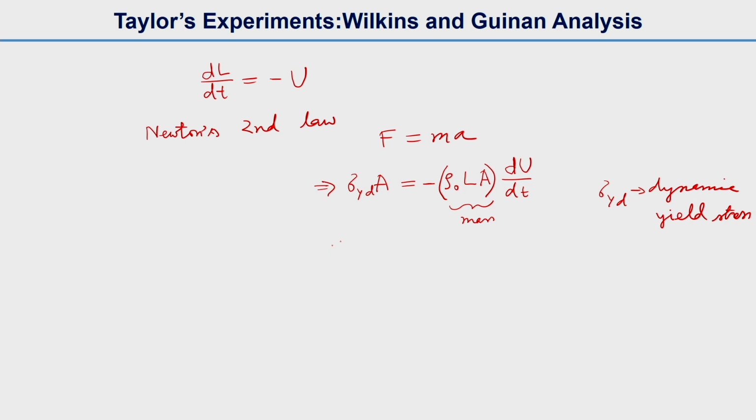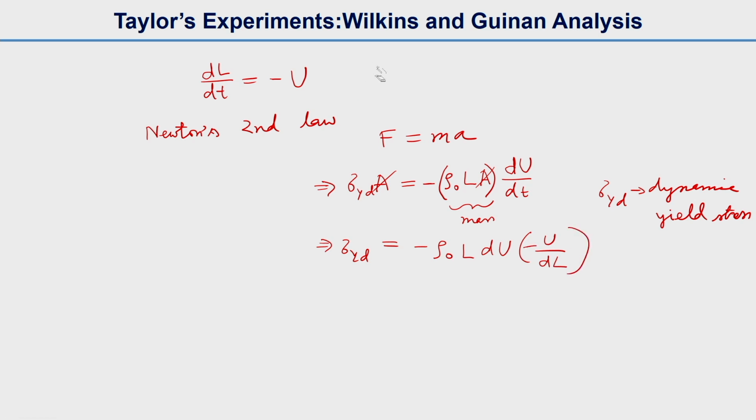From here we can cancel out the area term, and then sigma yd will be equal to minus rho naught L du by dt. If we combine it, 1 by dt we can write as u by dL.